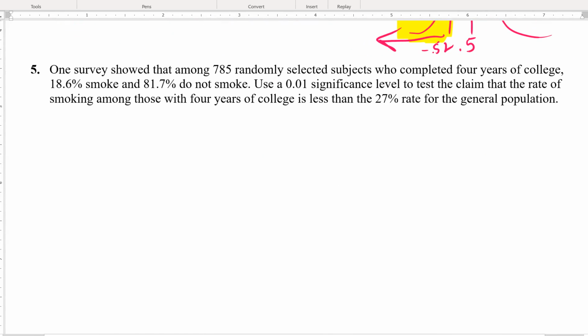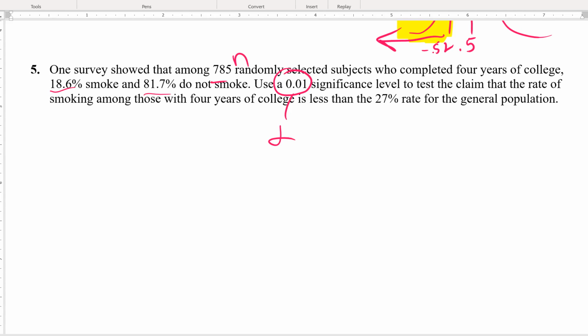Last but not least, among 785 randomly selected subjects, 18.6% smoke, and the other 81.7% do not smoke. Notice that does not add up to 100%, so there must be people that just didn't vote. But we need to use a 0.01 significance level, so they've specified an alpha.